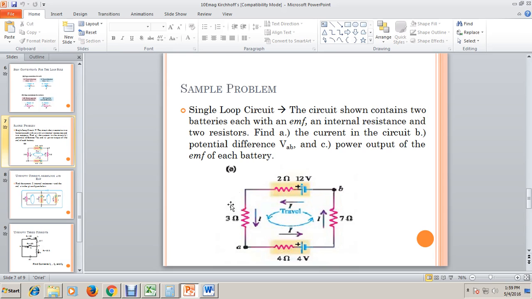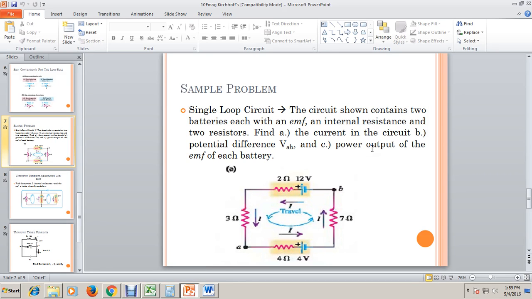So if your upper branch renders a positive voltage, in order for it to equalize to 0, the lower branch should compensate for that value with the opposite sign, so that when you add them together, you end up with the sum of the voltages of all the circuit elements around the loop equal to 0.